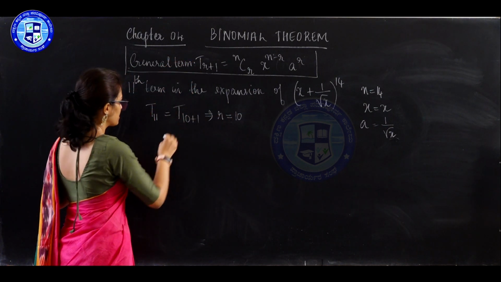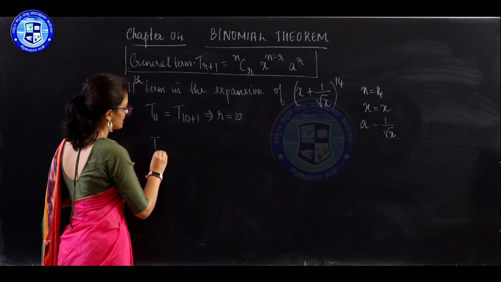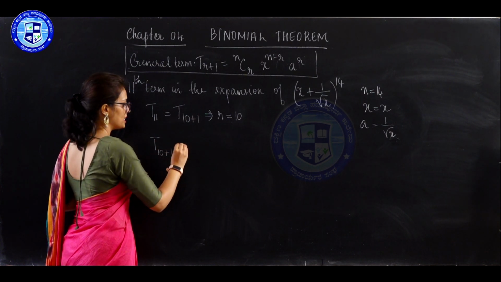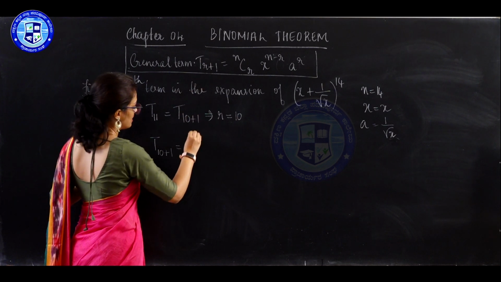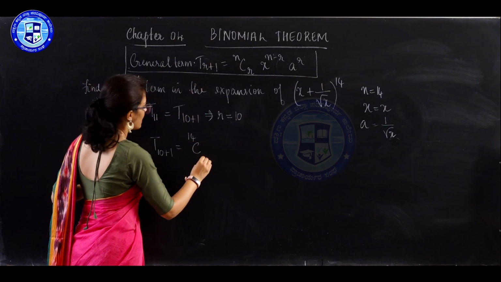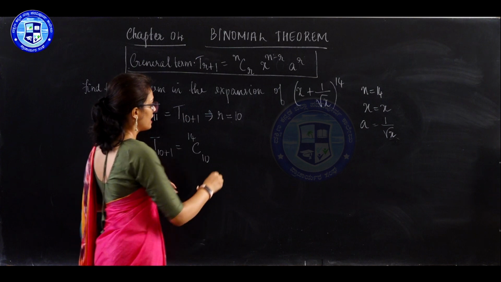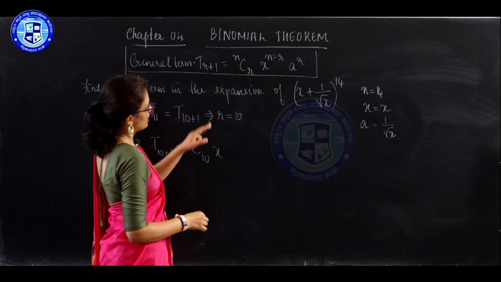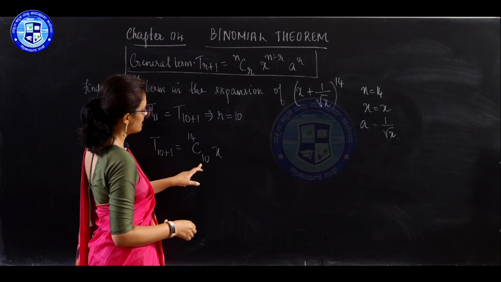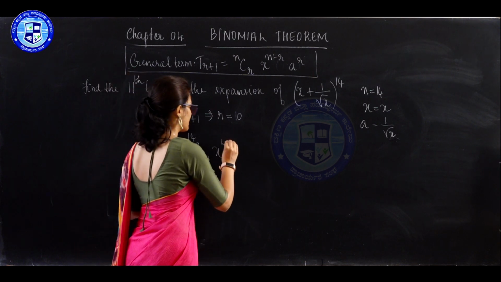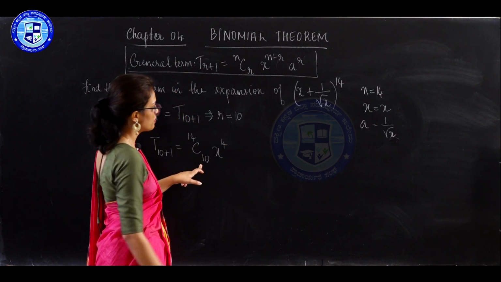Now let us substitute this in the general form. We have T(10+1) is equal to nCr x^(n−r). So n is 14, r is 10, nCr, x to the power n minus r. So 14 minus 10, that will be equal to 4, a^r.